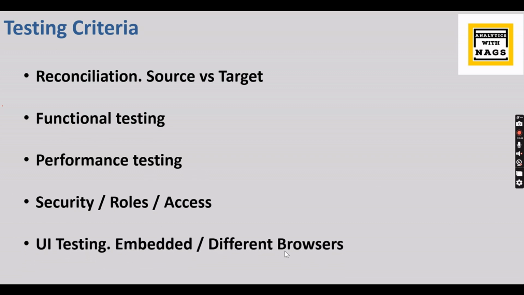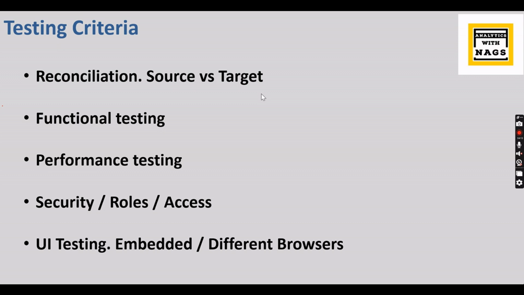Then UI testing, whether all visuals are properly aligned, which is some kind of format testing. Along with that, if the report is embedded, you need to go to that embedded portal, because reports can look slightly different in different browsers or wherever they are actually presented.